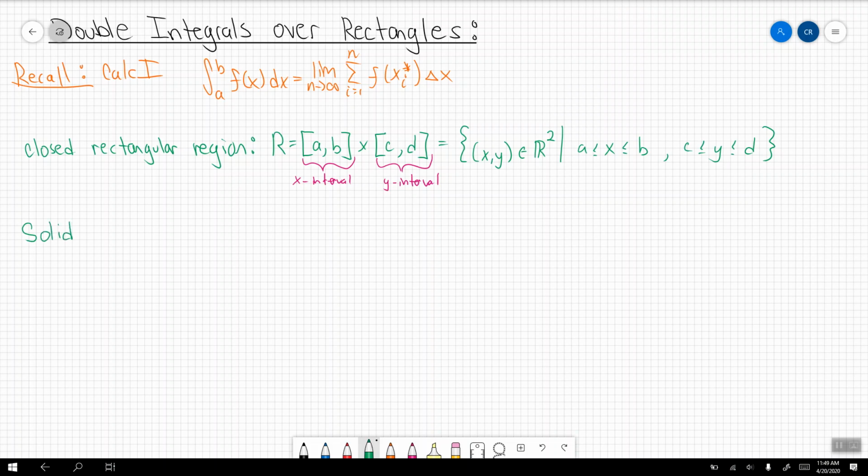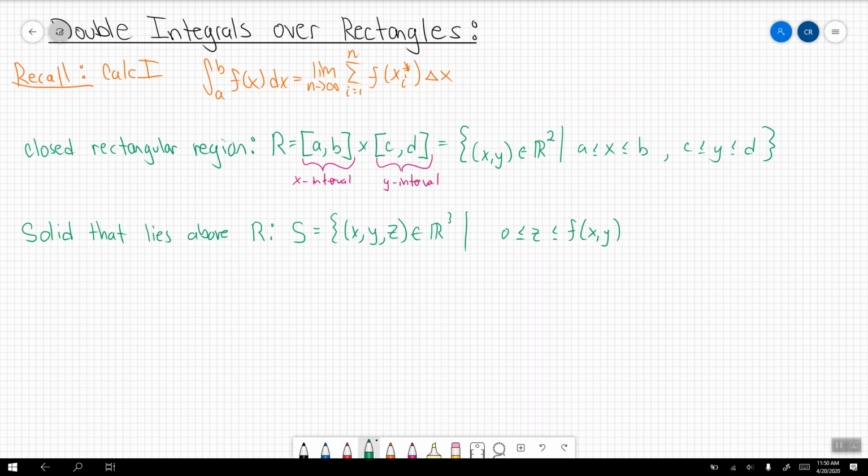This is going to be the solid that lies above the region R, and this is going to be classified as S. This is the surface made up of all of these triple coordinates that exist in R cubed, such that the function output is positive, or at least greater than 0.